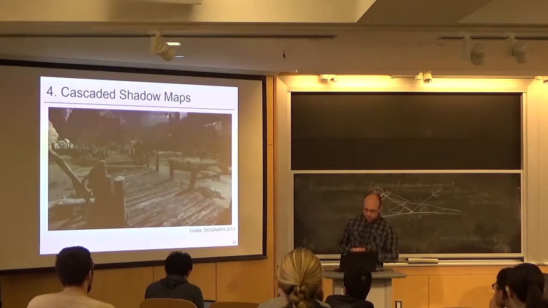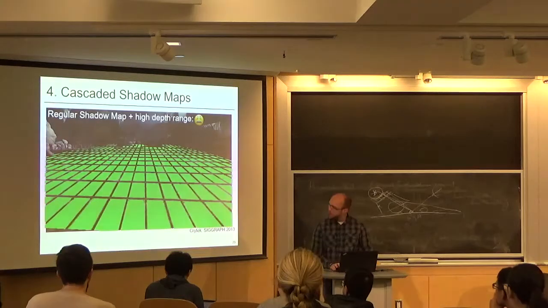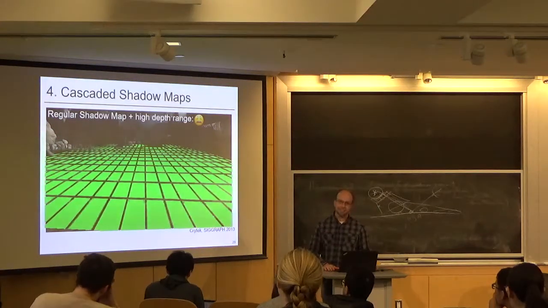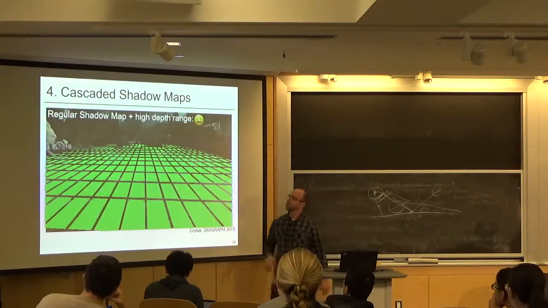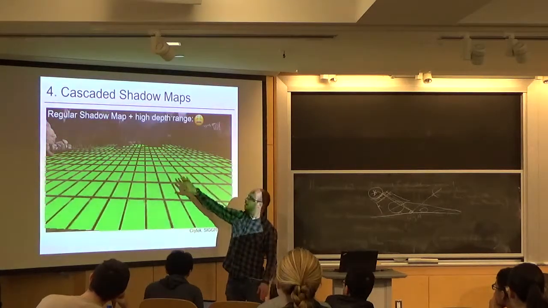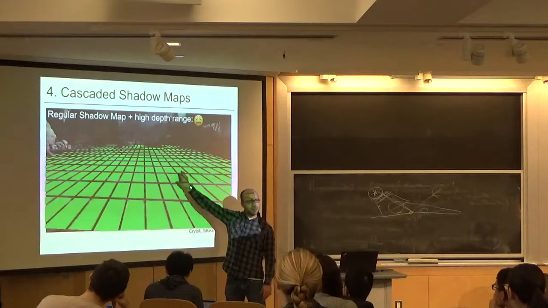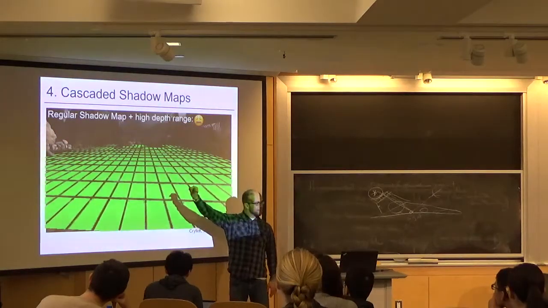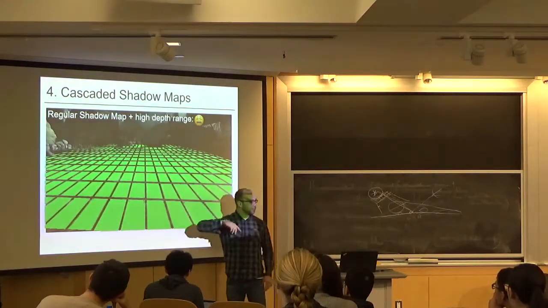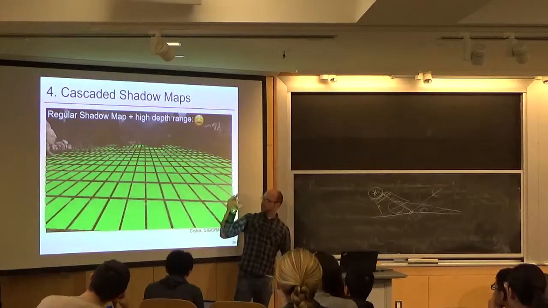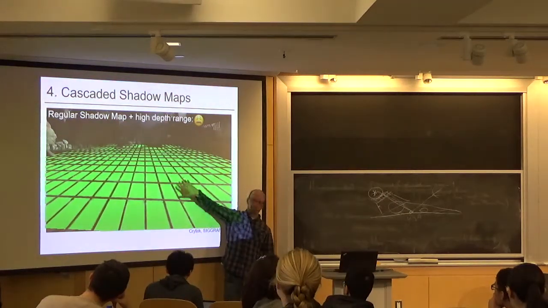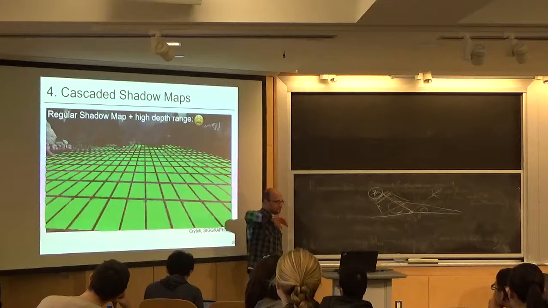So a generic shadow map plus a very big range of depth is really problematic. Maybe I have a light bulb somewhere over here, and what you're seeing is the image of every pixel of the shadow map cast onto the scene. You can see that some are far larger than others, both in terms of your camera and in terms of the plane that the light is hitting.